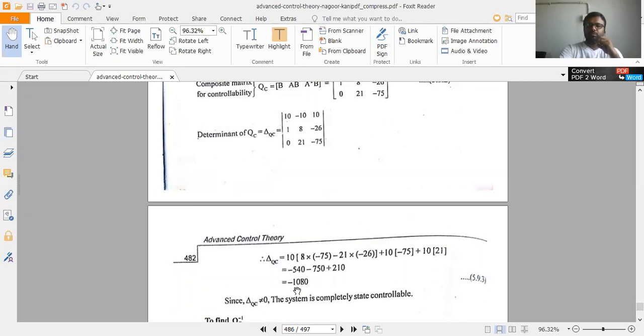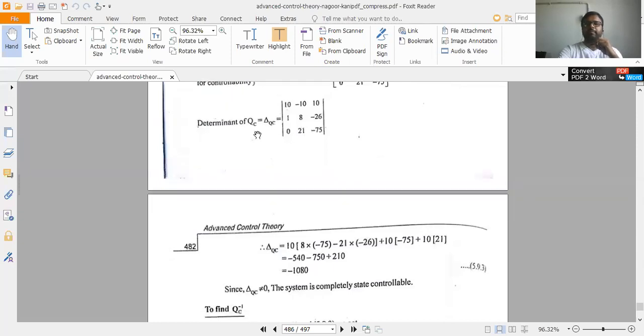Okay. So after that, we have to calculate the inverse of this particular controllability matrix. Why? Because in all the three methods, in order to determine the value of capital K, we have to multiply with QC inverse.